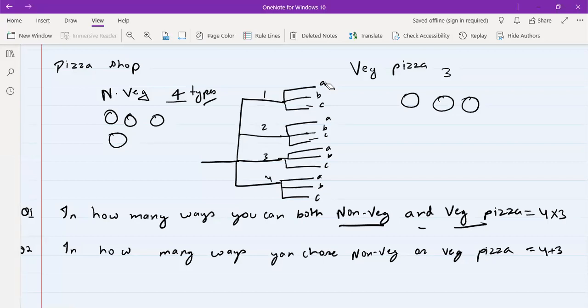Prahlad, if you are opting for either non-veg or veg, you cannot have both. You can have only one. If you have veg, you have 3 options, but if you have non-veg, you have 4 options. Since you cannot have both, you have to add the options.